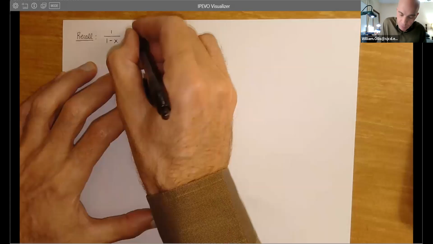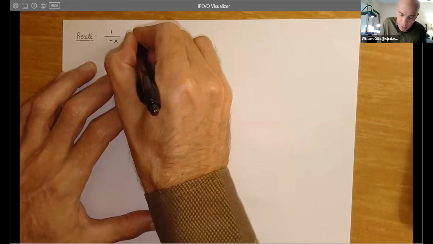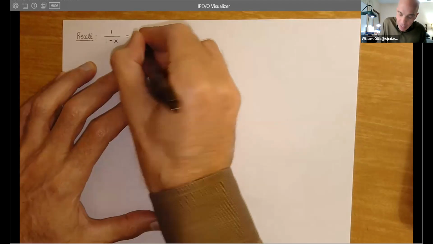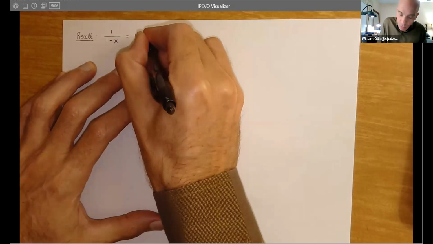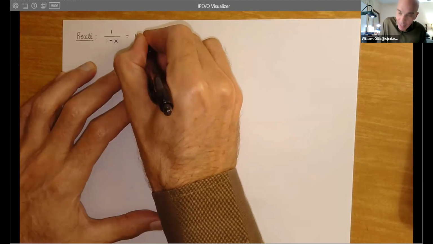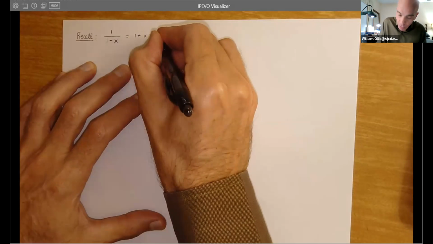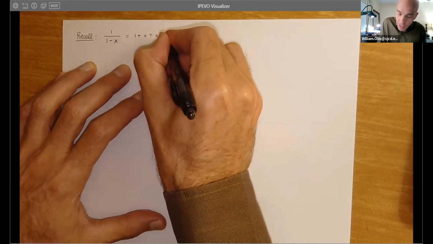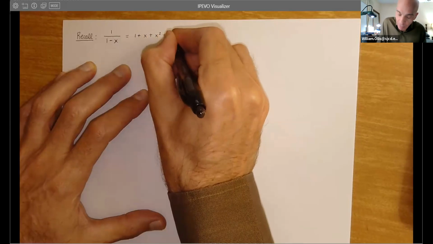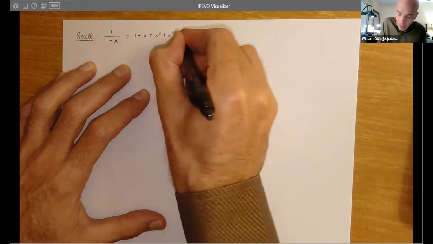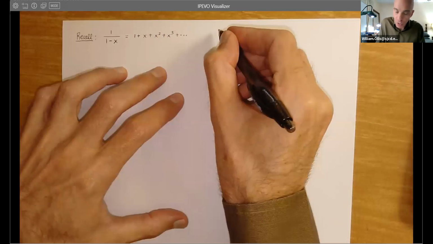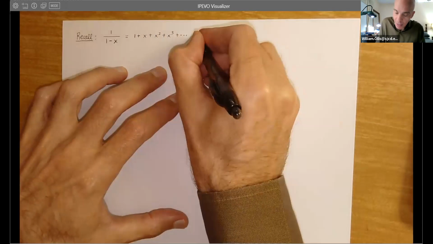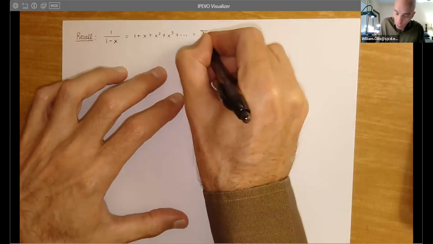And so we remember this was 1, so a, and then we have a times r, which will be x, and then a times r squared, etc. Now this, though very simple, is extremely important. And so, of course, if we wanted to, we could go ahead and just write this in summation form.